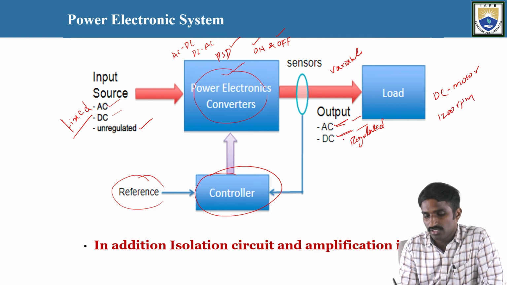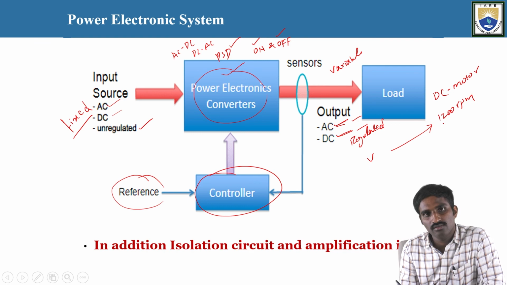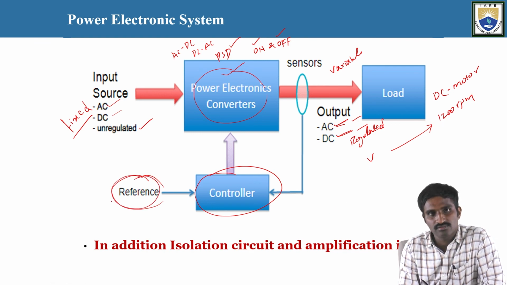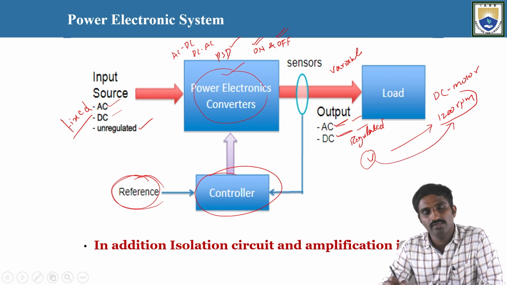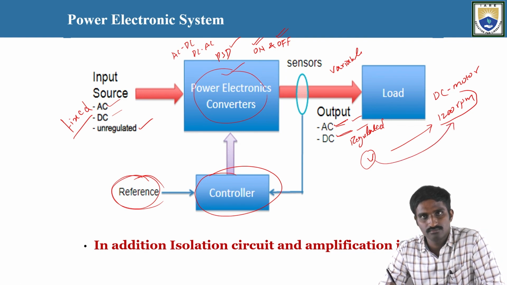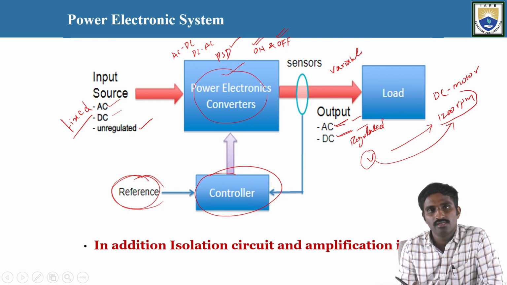So according to that, let me consider you are using the voltage controller. You have to supply the required voltage to run the motor at 1200 RPM. So according to that, you will take the reference, which means how much you have to control the turn on or turn off of the power semiconductor device to get the required voltage for the DC motor to run at 1200 RPM. So this is how usually the power electronic system will look like.